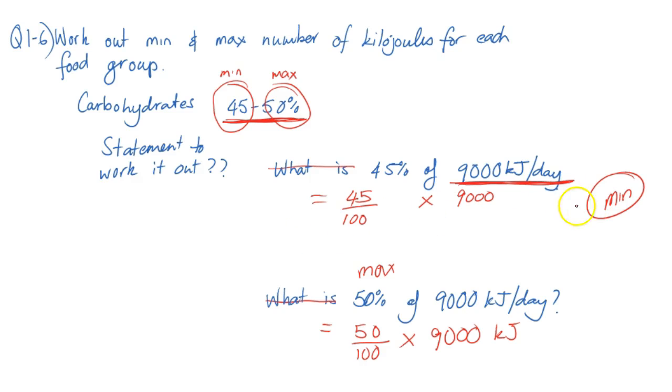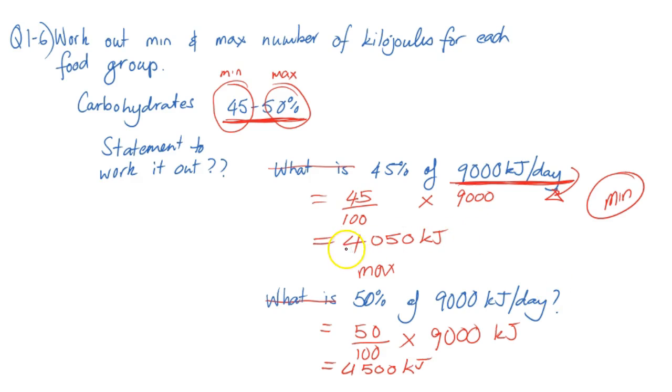So when I see this in your books, I want to see 45 out of 100 times 9,000, so I know you can take that statement and put it into a calculation that you could put into a calculator. Then you put your answer here, which in this case is 4,050 kilojoules. And in this case is 4,500 kilojoules.